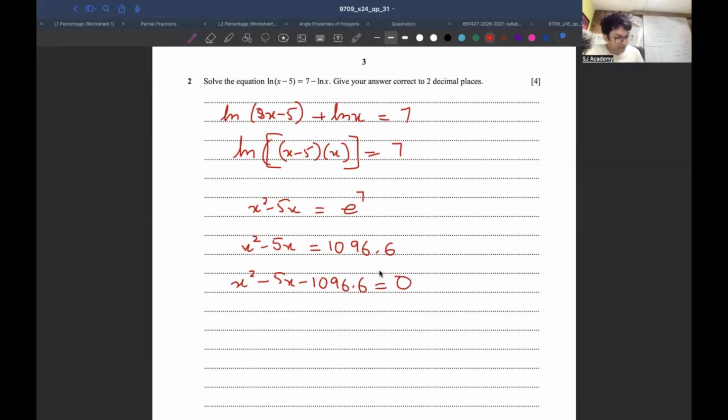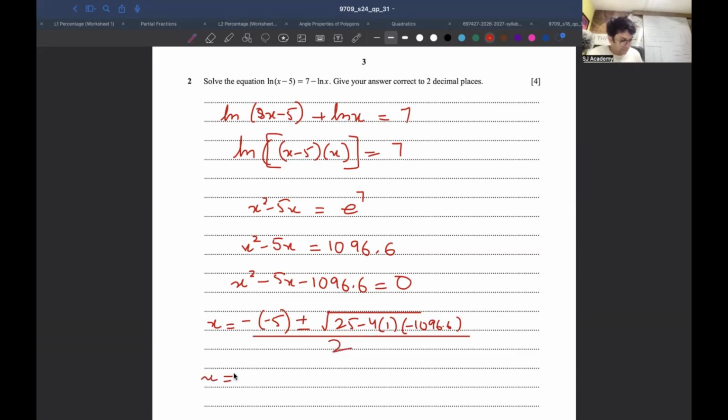To solve this equation, we can simply substitute this in the calculator if we have it, or we can just use the quadratic formula, which is x is equal to minus b plus minus the square root of b squared minus 4ac, upon 2a. So that will become minus minus 5 plus minus the square root of 25 minus 4ac upon 2a, so upon 2.